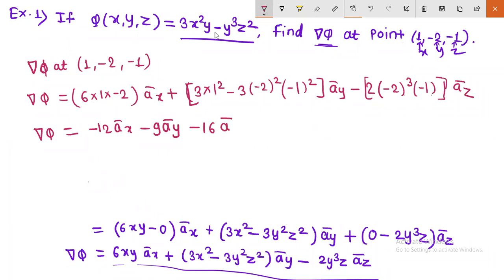Since the 1 is minus, the minus will come. What will the cube of 2 be? Minus 8. Minus 8 into minus 1 is plus 8. Then into 2 it is plus 16, but outside it is minus, that's why the sign is minus.